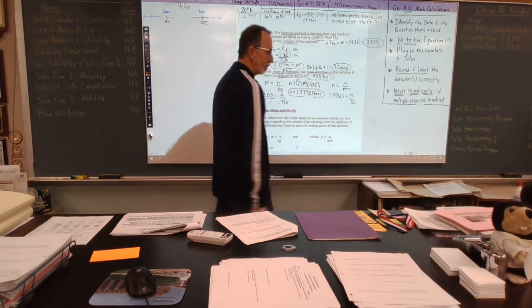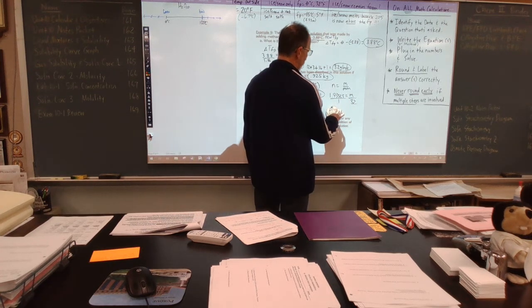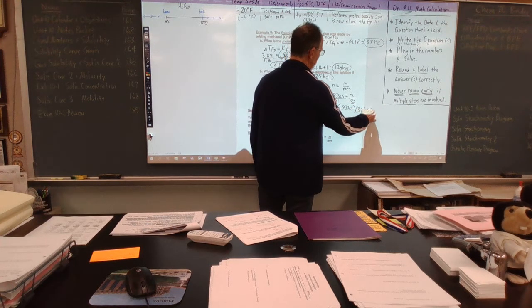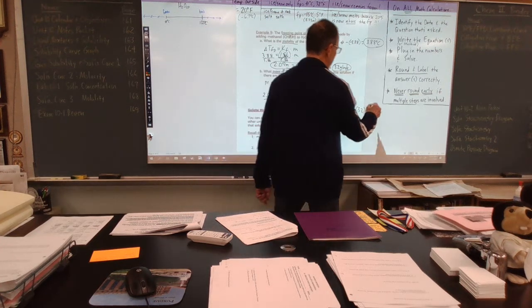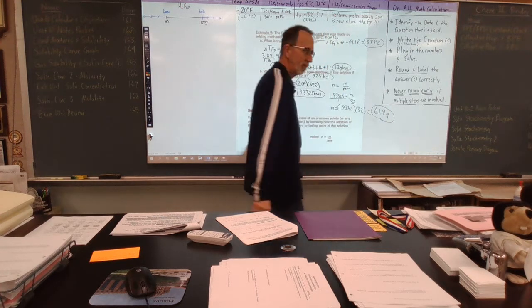So 32 there. Again, we can place that over 1 and cross multiply. So M then is 1.93325 times 32. And to 3 sig figs, 61.9 grams of methanol.